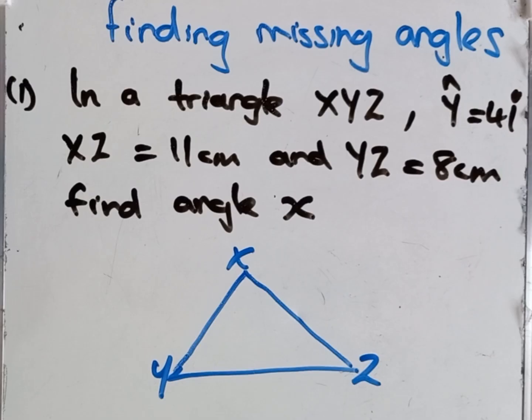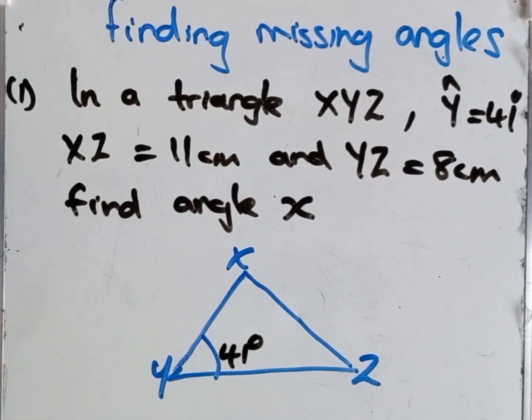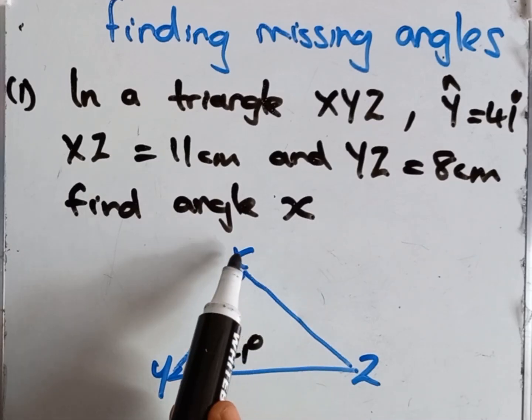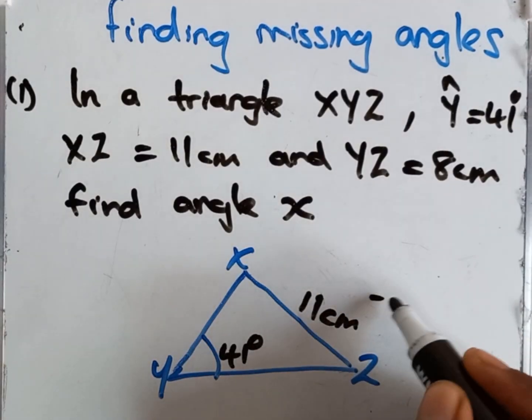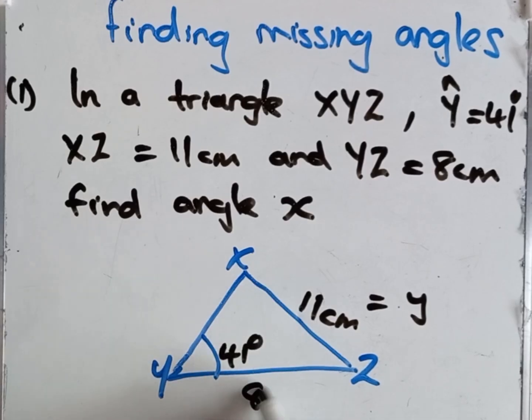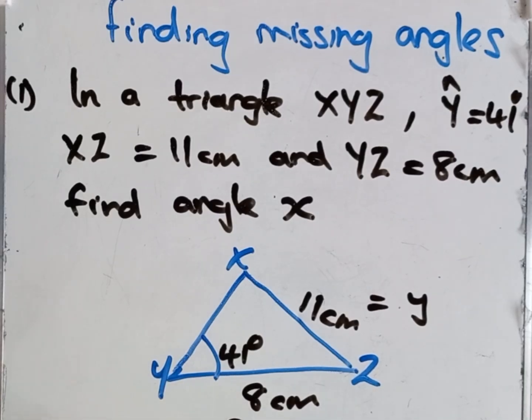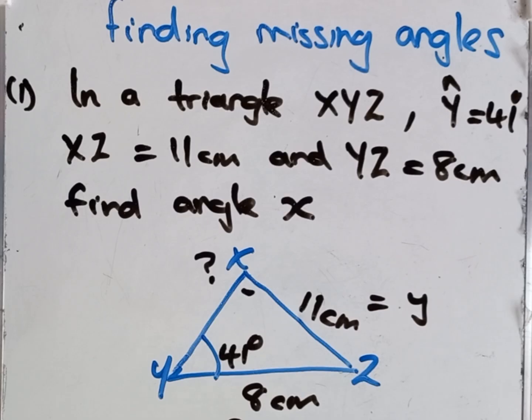For our value of y, we are given 41 degrees, and we are given side xz, 11 centimeters. xz is also small letter y, and our yz, which is 8 centimeters, is also our small letter x. We are instructed to find angle x. This is the angle that we want to find, so let me just put a question mark.